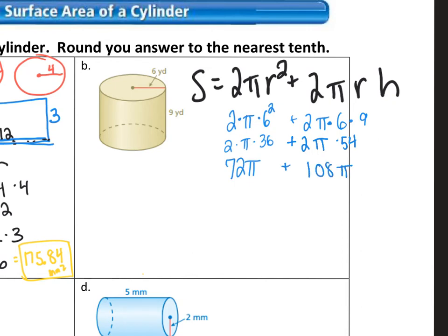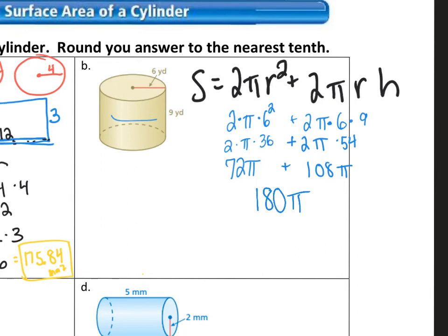So the exact area of that rectangular region, once we pull apart the soup can, is 108 pi. Now we can add together 108 plus 72 to get an exact answer of 180 pi.